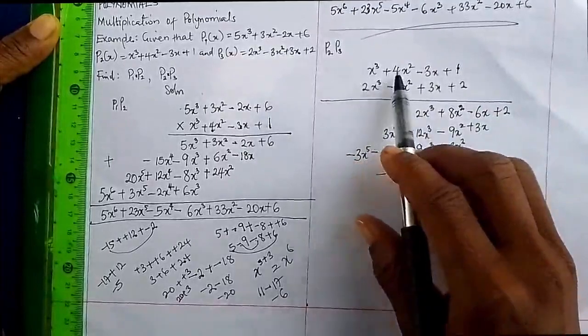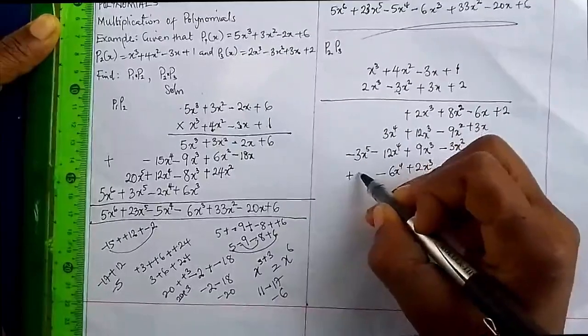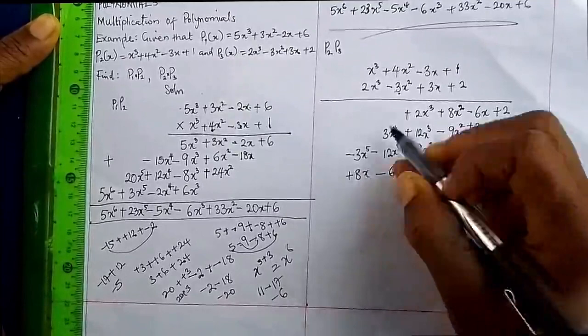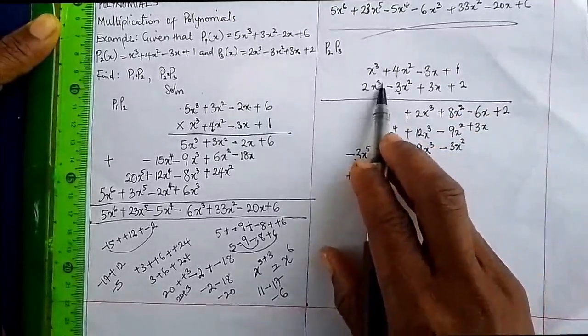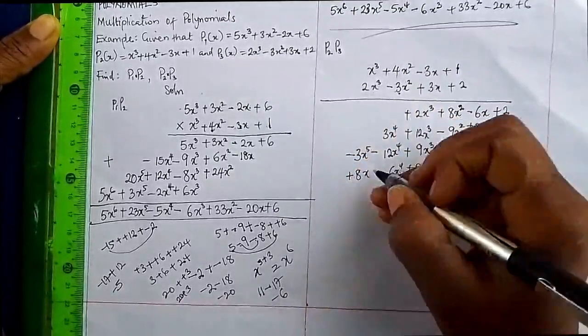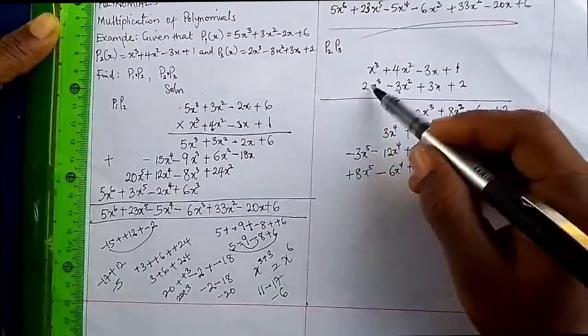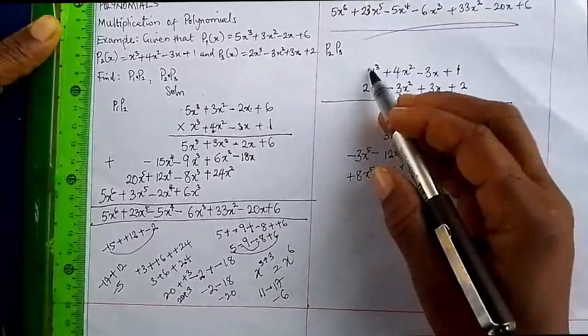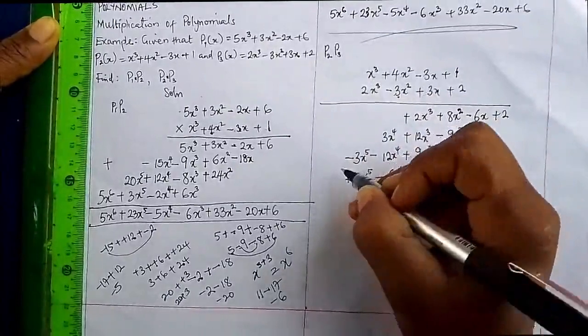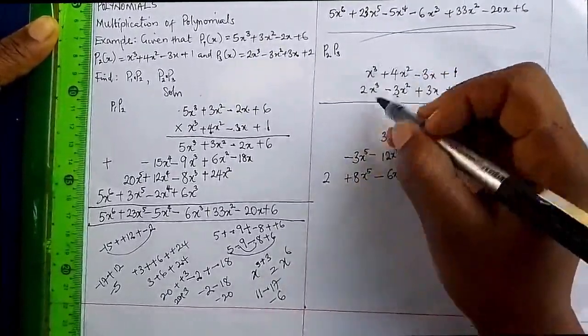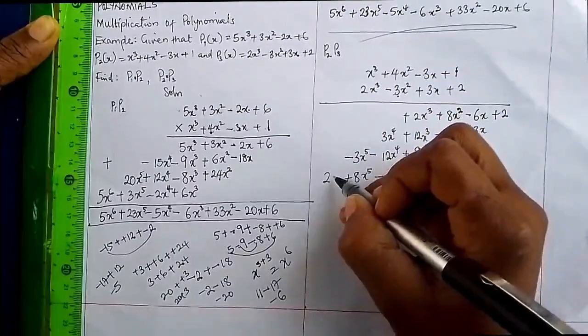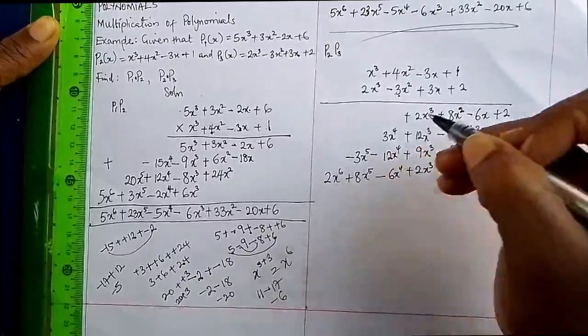Then 2 times plus, that's plus 8x raised to the power of what? x squared times x cubed will give you x raised to the power of 5. Then we have 2 times the coefficient of x cubed here, which is 1. So we have 2x cubed times x cubed, that's x raised to the power of 6.